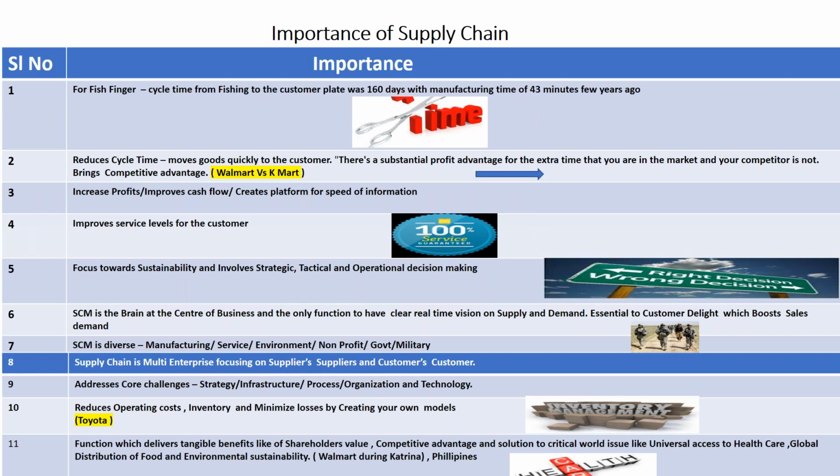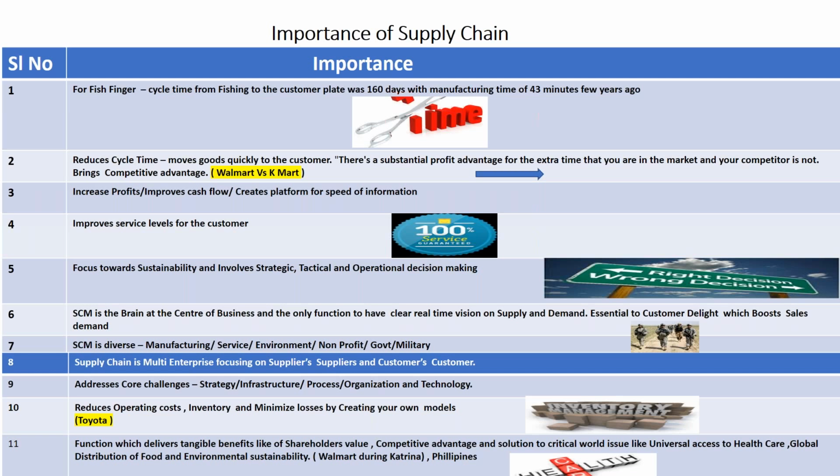Now, the importance is that it focuses towards sustainability and involves strategic, tactical, and operational decision making. I have already explained that strategic decisions are those decisions which are generally once in a lifetime. These are capex decisions, building up a factory, product, how to have your marketing logistics team, manpower hiring. Now, tactical decisions are medium-term decisions. It could be 3 to 6 months, or 6 months to 1 year decisions.